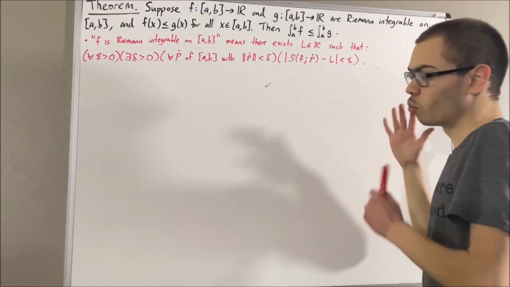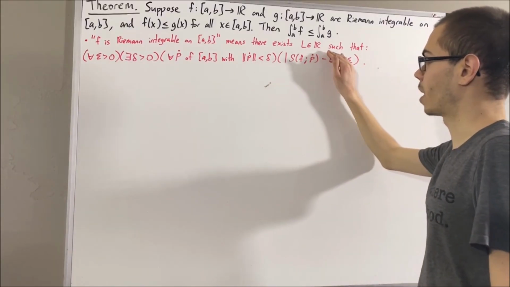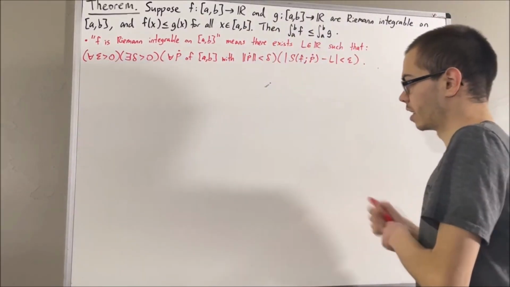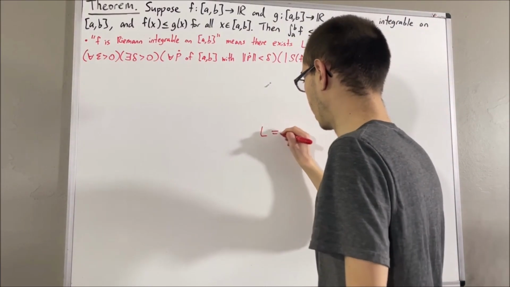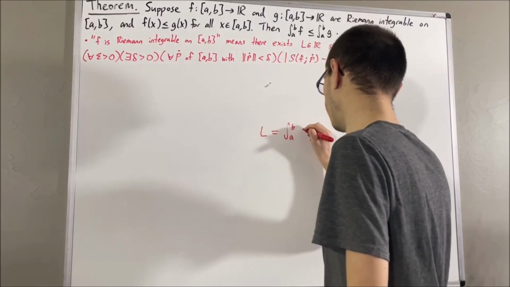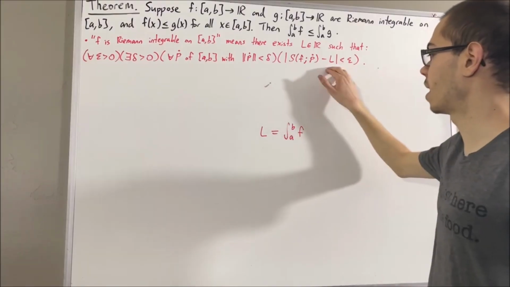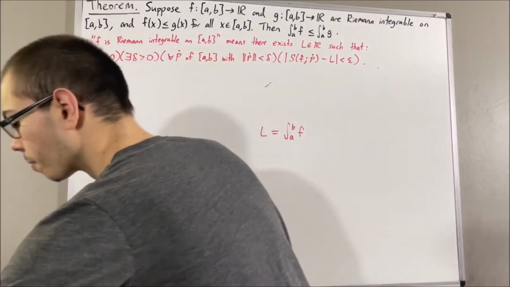Now, we have proven that this real number L, which satisfies this statement, is unique. And we denote L as the integral from a to b of f. So I'm just going to go ahead and replace L with this notation.